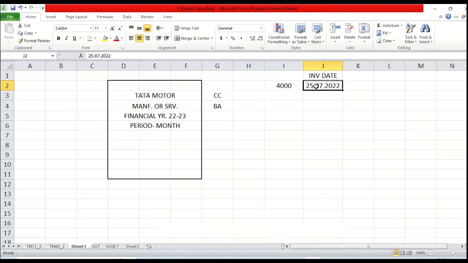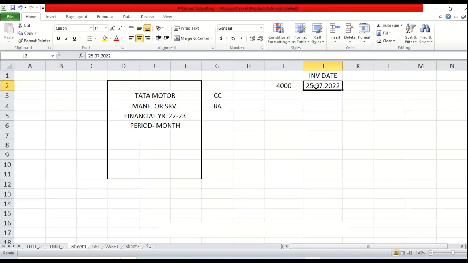From the reception counter, what is happening, guys? Multiple letters will be coming. Of course, Tata Motor is an organization, so various different kinds of letters will be coming. In that, most likely it will be invoices only, and certain other letters also will be there. It's okay. So now what is happening, guys?